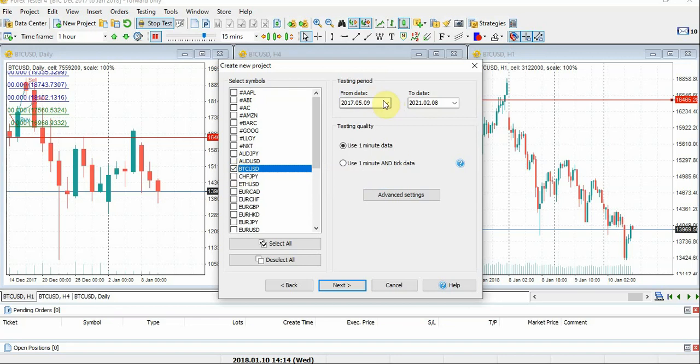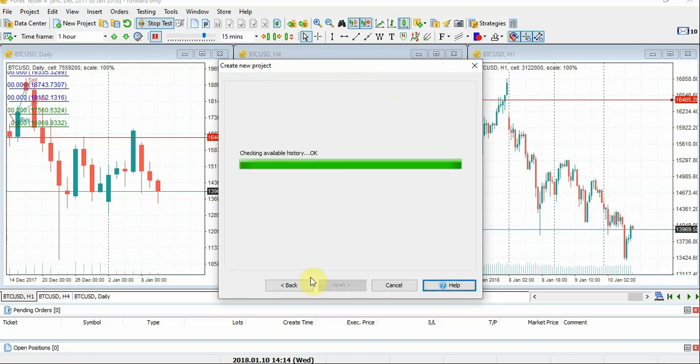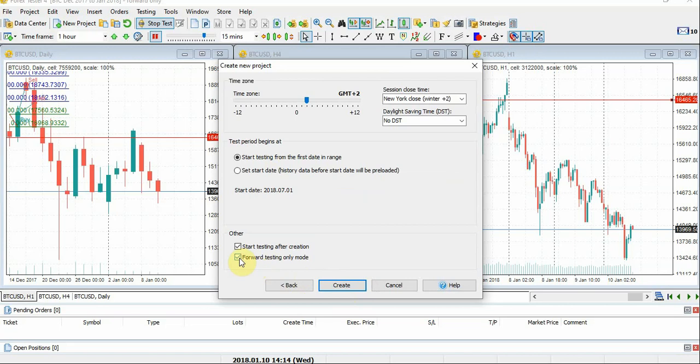Here, sorry, let's select Bitcoin. July 2018 to August 2018. 1 minute data is fine. Next, let's go in forward testing. New or closed, that's great.